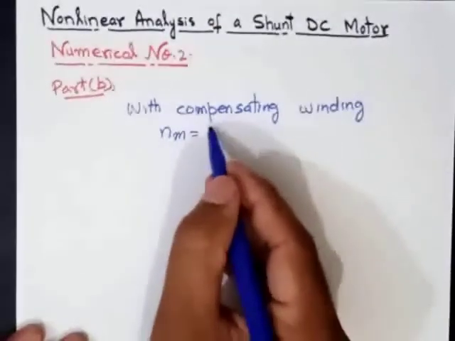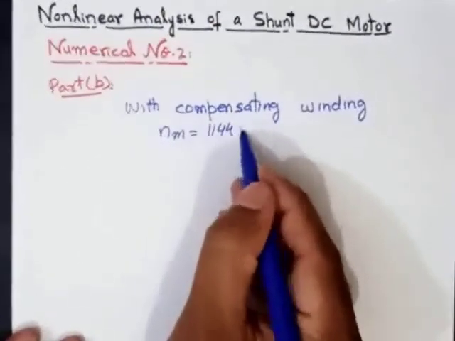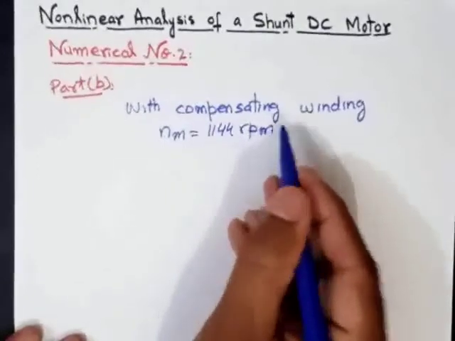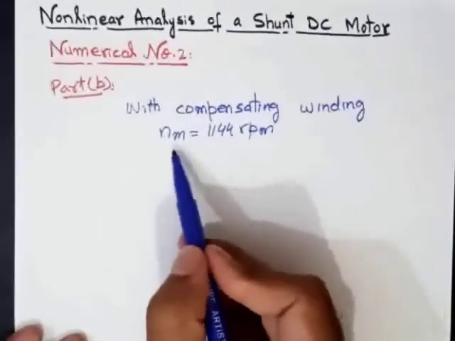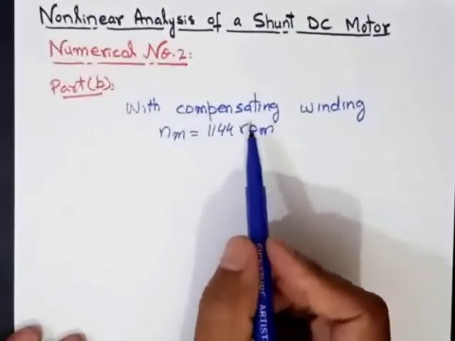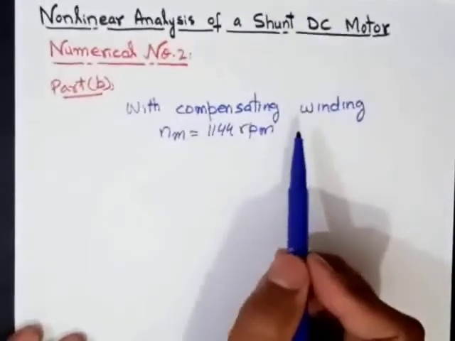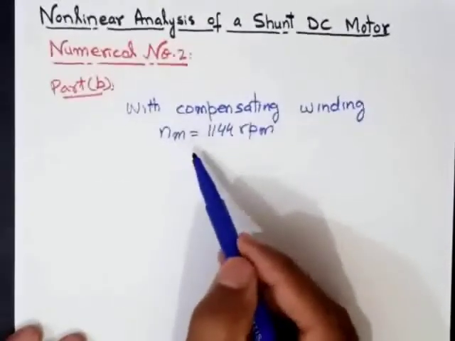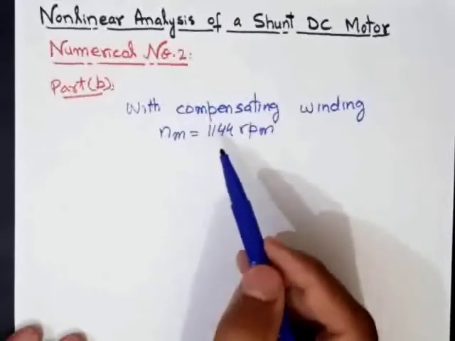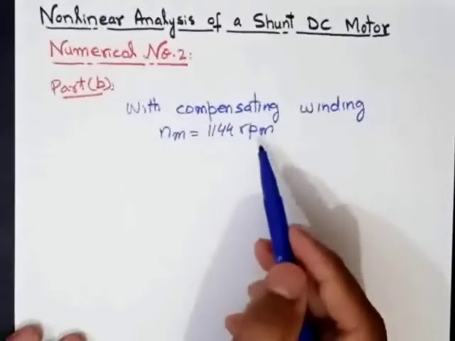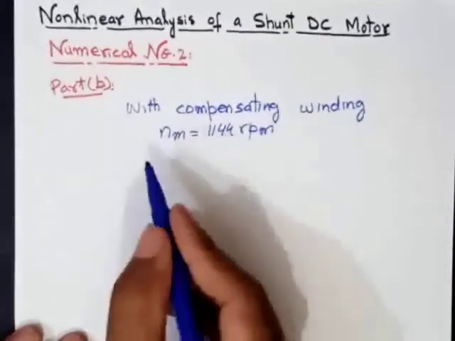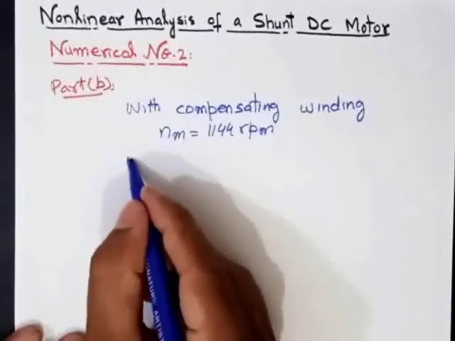In numerical number 1, when we were using the compensating winding, the speed of the DC shunt motor was 1144 revolution per minute.